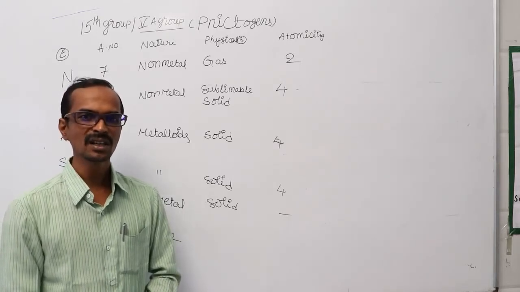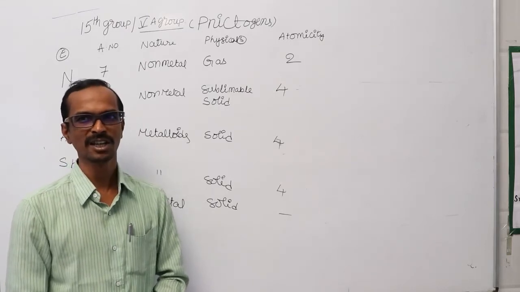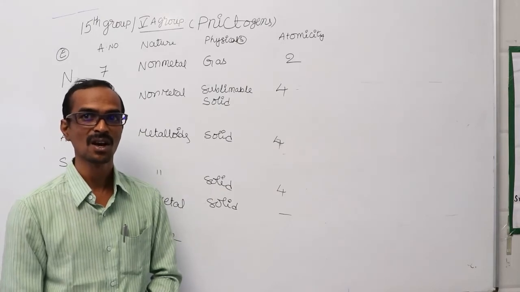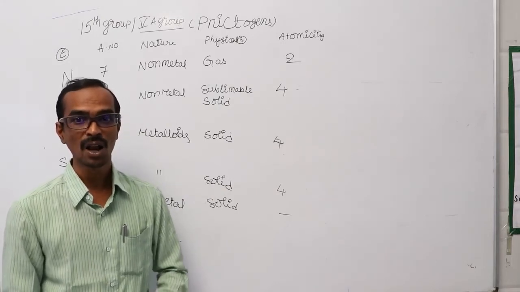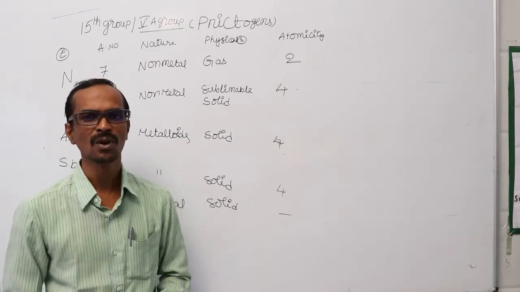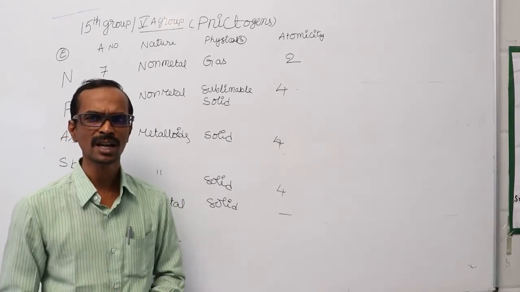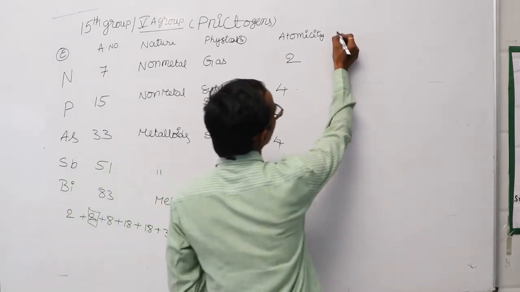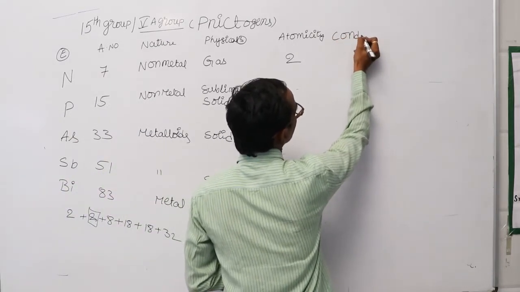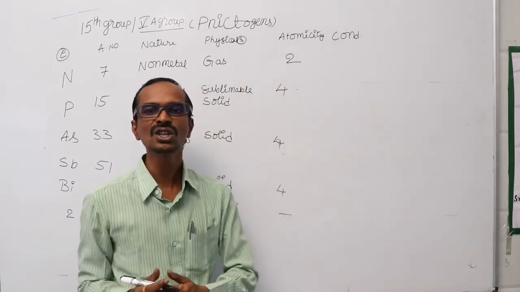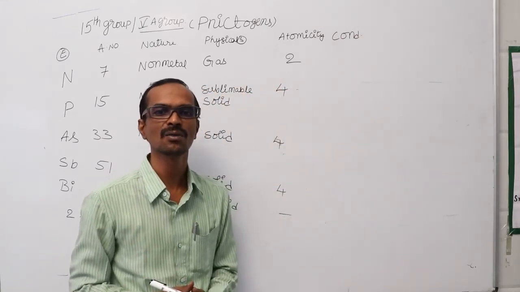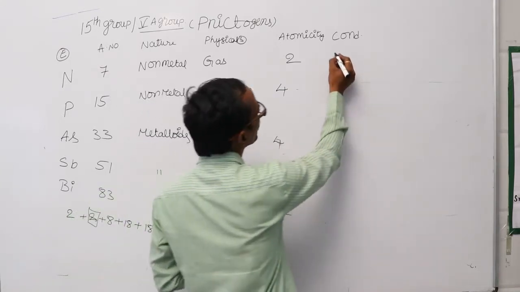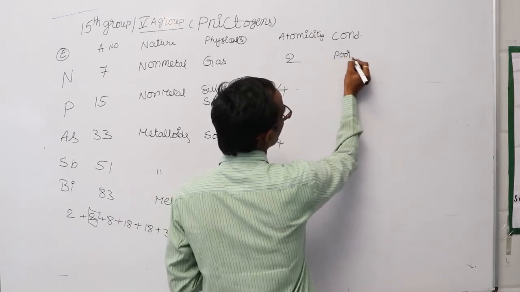And next, conductivity, that means thermal or electrical conductivity: whether these elements have the ability to allow electricity or heat to pass through them. The first two elements, nitrogen and phosphorus, are poor conductors of heat and electricity.